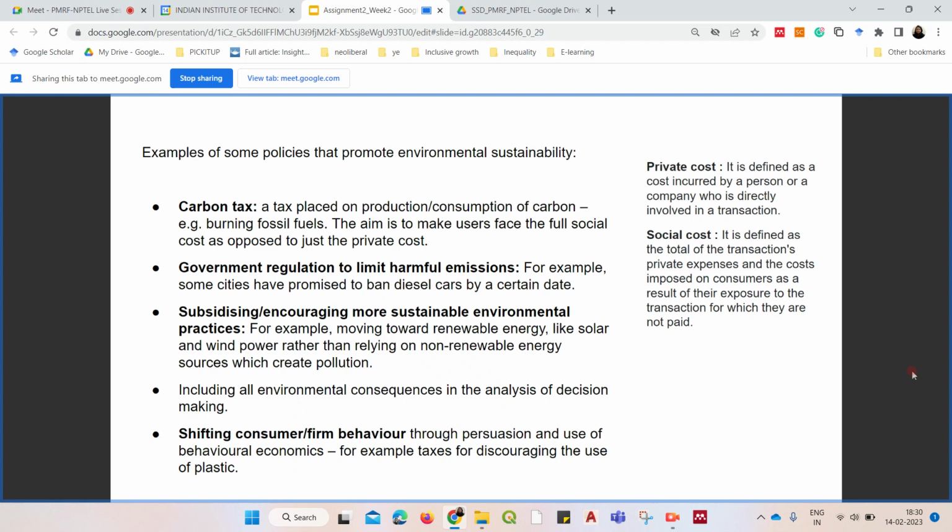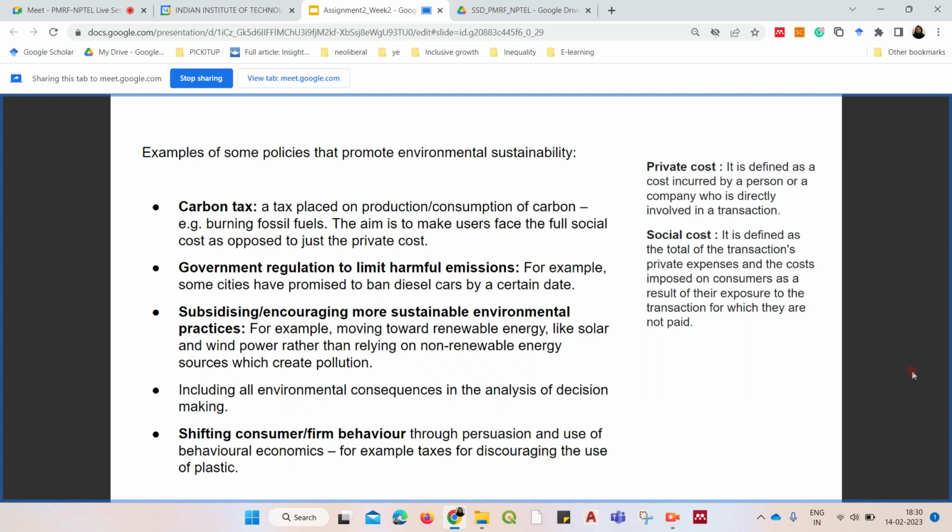So for example, when you're burning fossil fuel to make something, you are directly incurring the cost which is used for that fuel. But then there is a cost to the environment also, or cost to the community which has to face the impact of global warming or pollution that is generated by burning that fossil fuel.